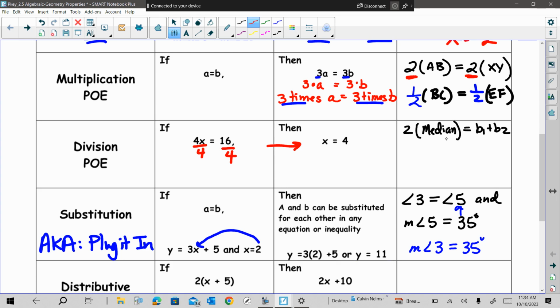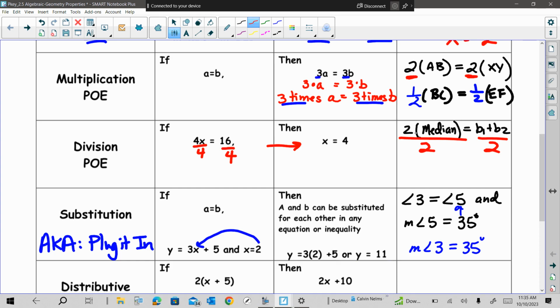Now, we have formulas in geometry where you might have to solve for a part. This is the formula to find the median in a trapezoid. Twice the median equals the sum of the bases, base 1 plus base 2. If I want to solve for just the median, I would divide both sides by 2. Get rid of the 2 in front of the parentheses.